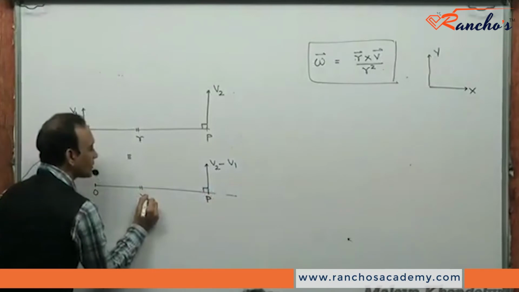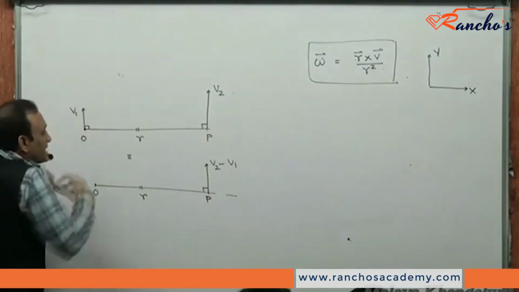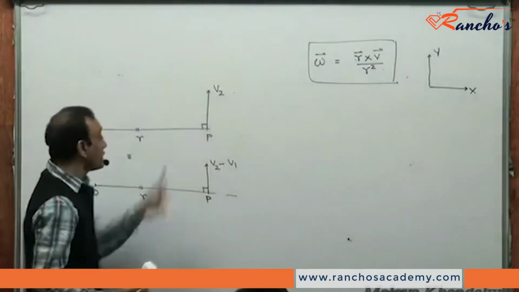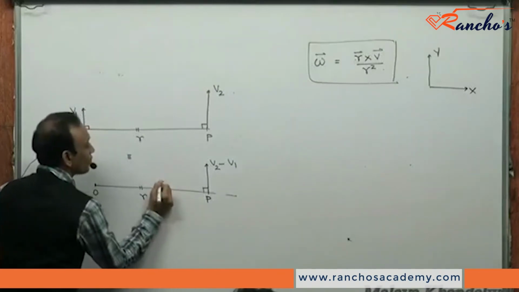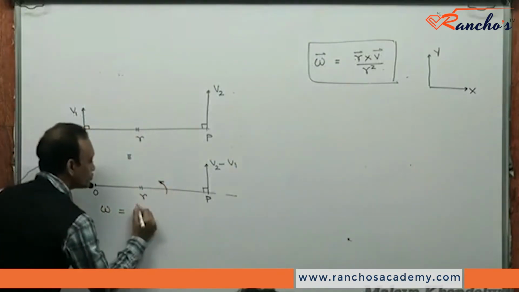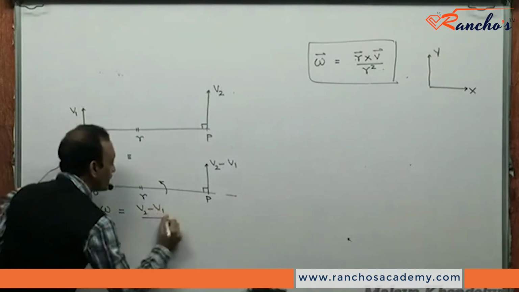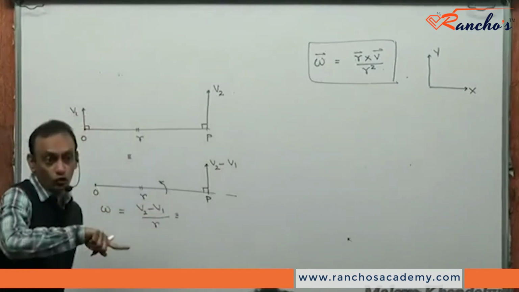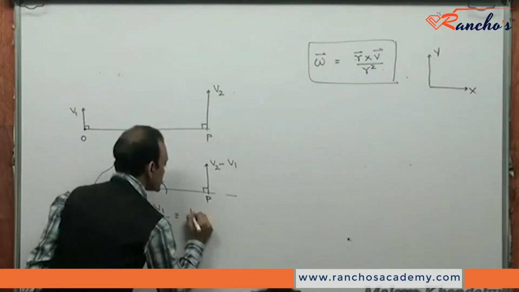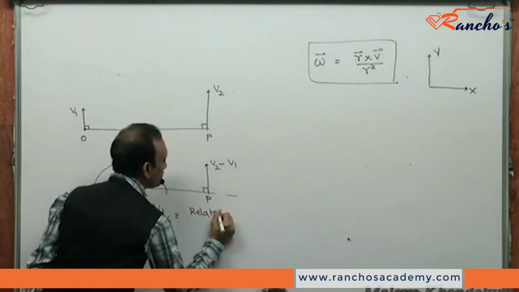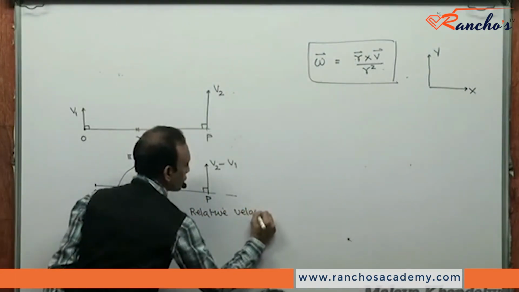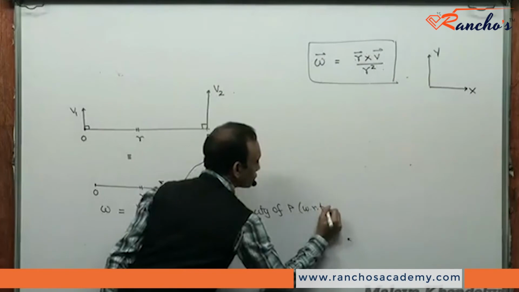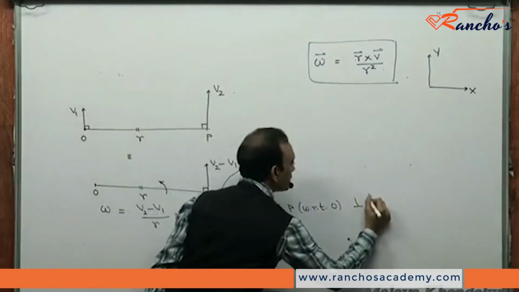And if this is R, so it's as if equivalently O is at rest and P is having a velocity v2 minus v1 perpendicular to OP. Then the angular velocity of P as seen by O is going to be v2 minus v1 divided by R, which is what? Which is the relative velocity perpendicular to OP divided by OP, which is the relative velocity of P with respect to O perpendicular to OP.